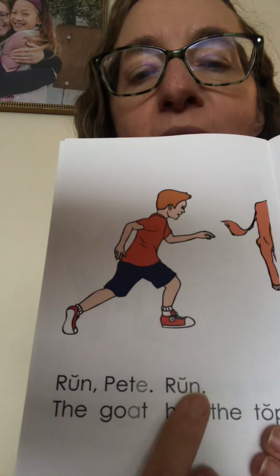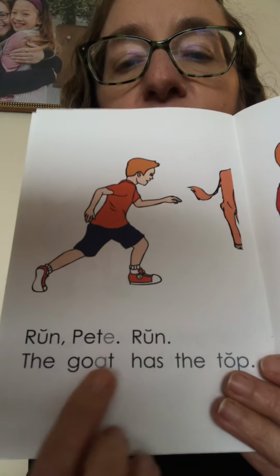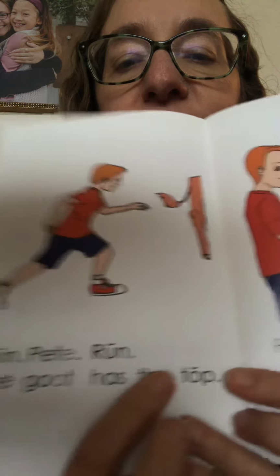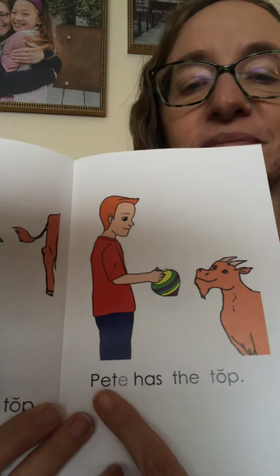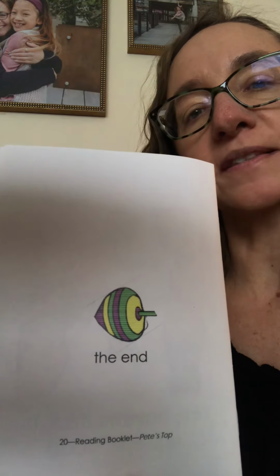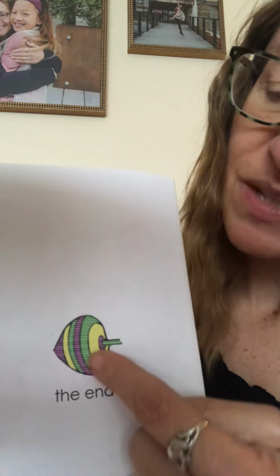Run, Pete, run. The goat has the top. Pete has the top. The end. Can you find the space between the words the and end? Right here's a space between the and end.